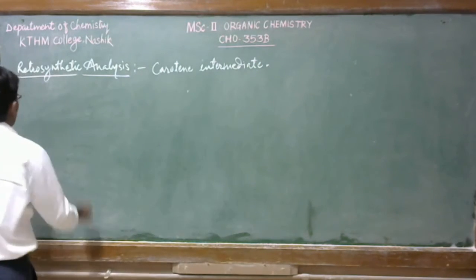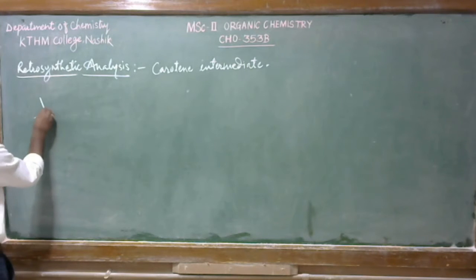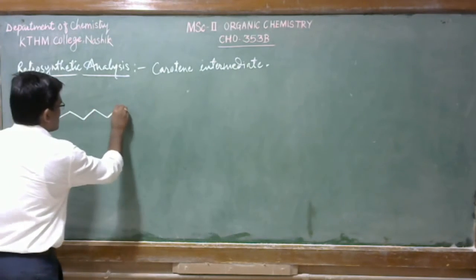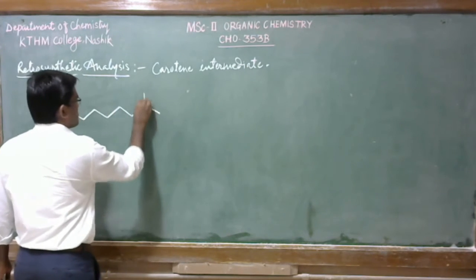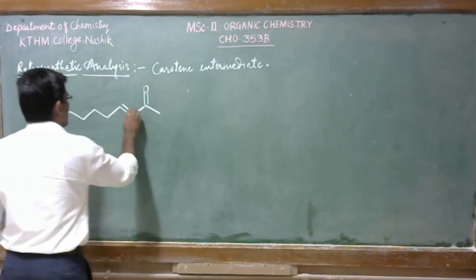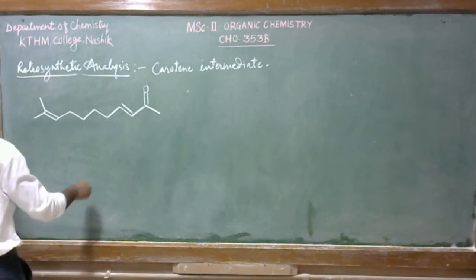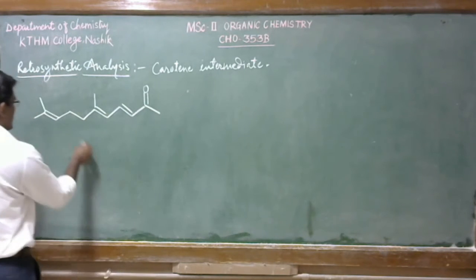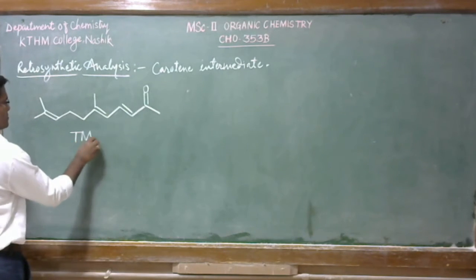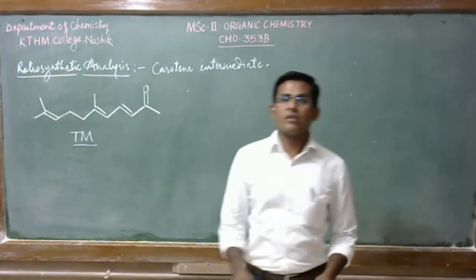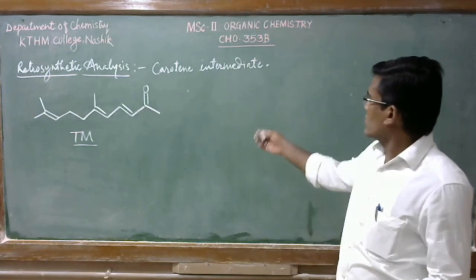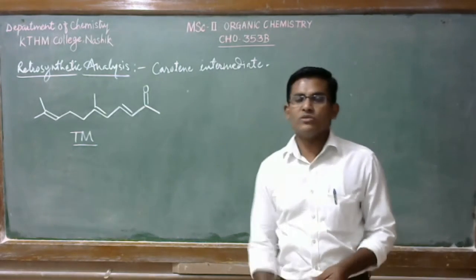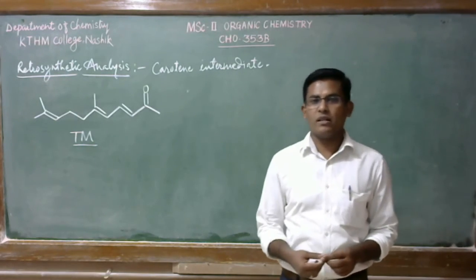Alright, so this is our target molecule. So carotene intermediate. This intermediate has been used in the early synthesis of carotene.